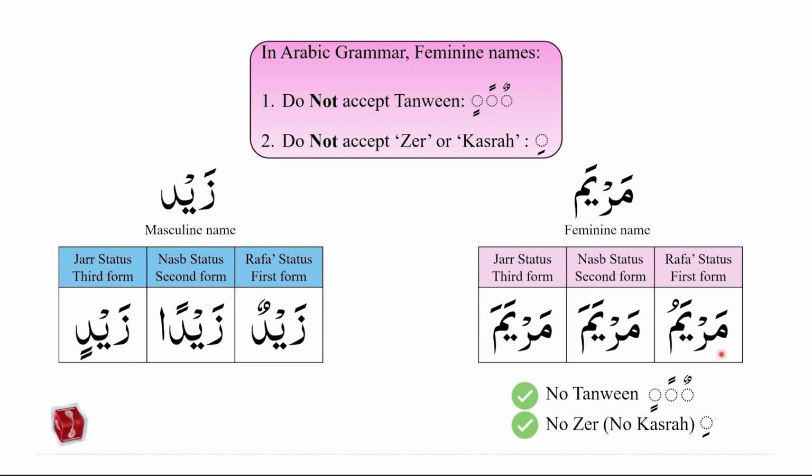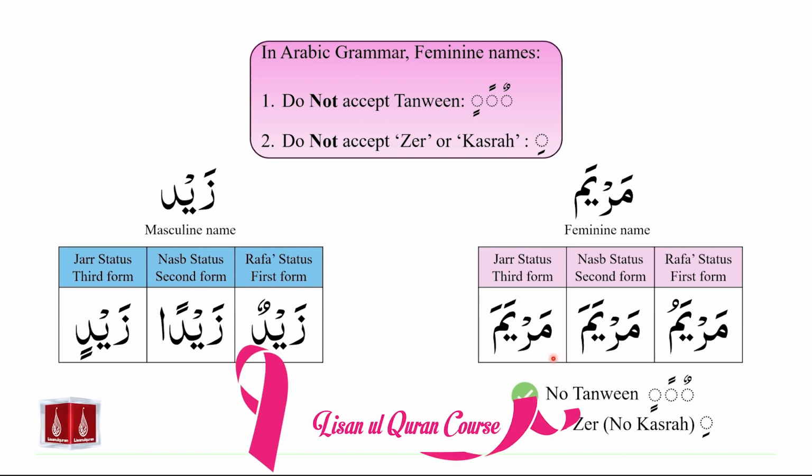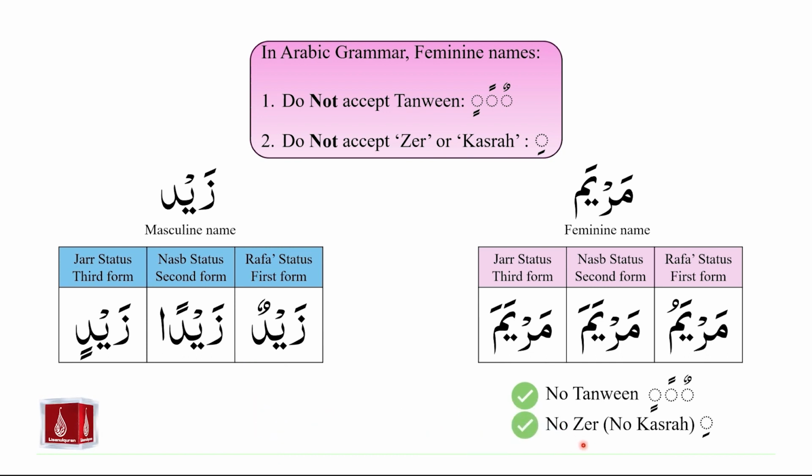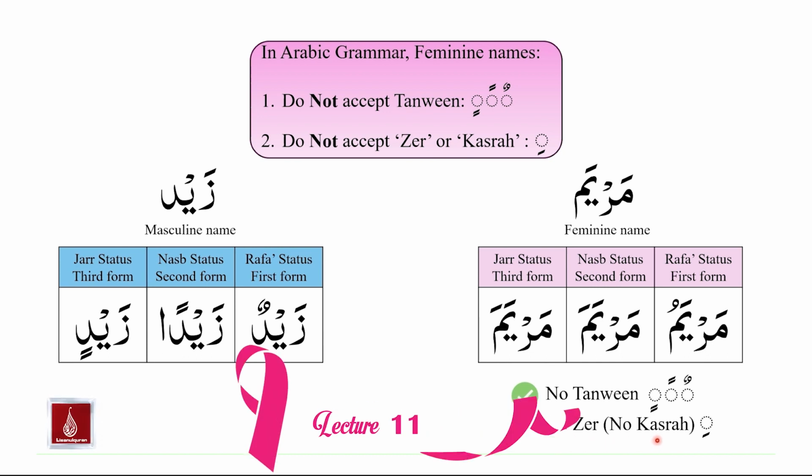In the rafa status, we have Maryamu. In the nasab status, we have Maryama. And in the jar status, we have Maryama. Why do we have Maryama in the jar status? Because a feminine name will not accept zair, it will not accept kasra.